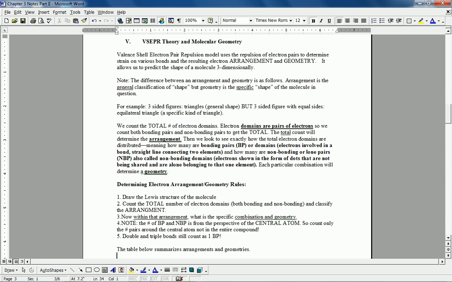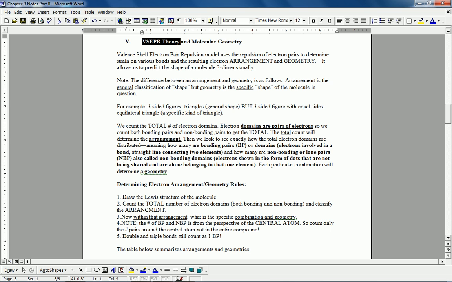And we're going to use what we call the valence shell electron pair repulsion model or theory, which is VSEPR as an acronym, and it is going to help us in determining the shape of a particular compound.